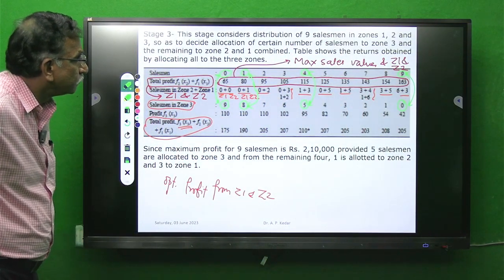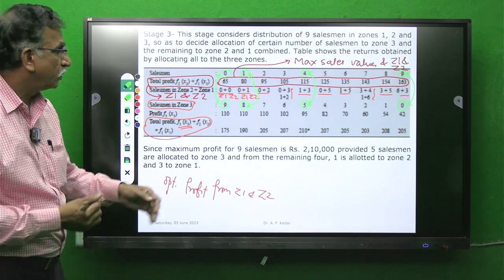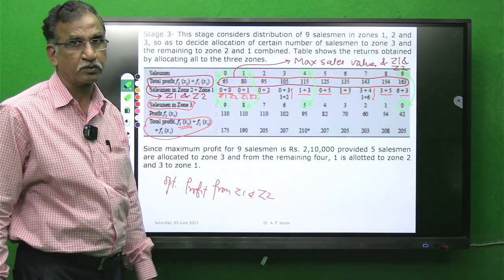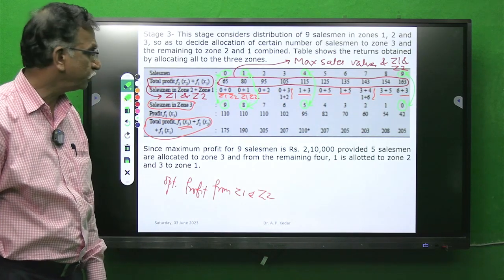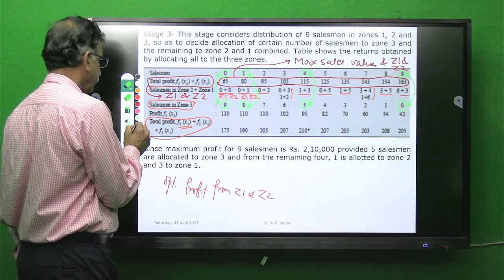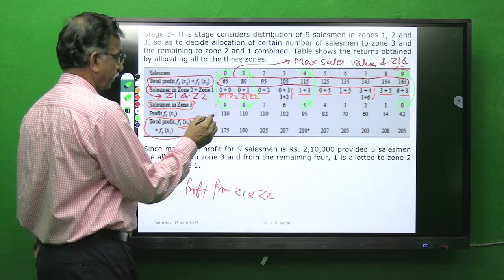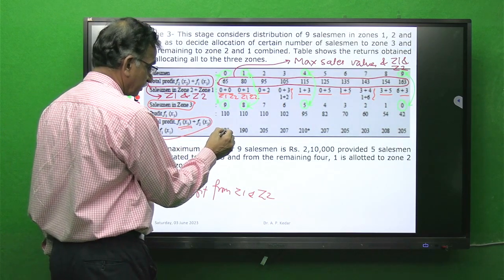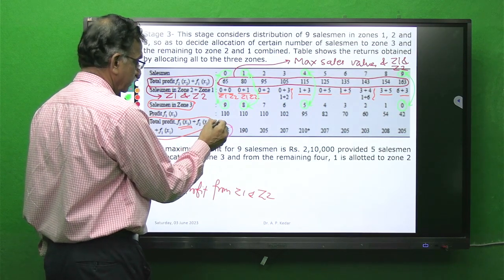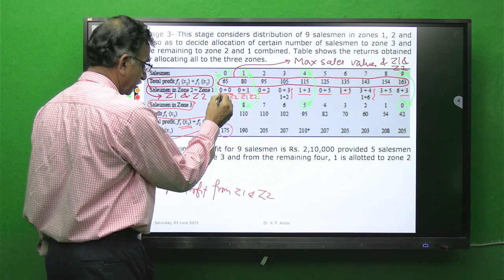Now, as we did the addition of the number of salesmen, we have to add the profit also. Suppose I get this 175. How is this 175 obtained?